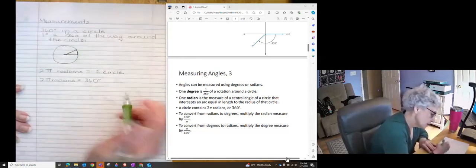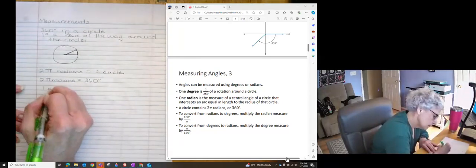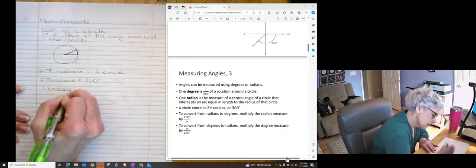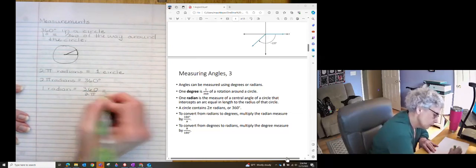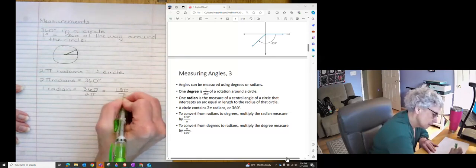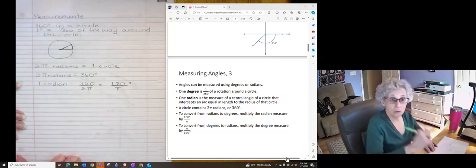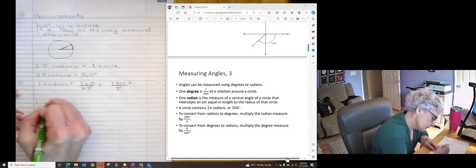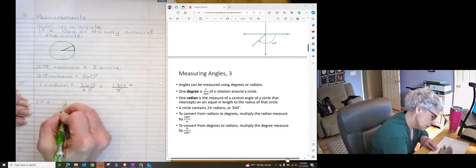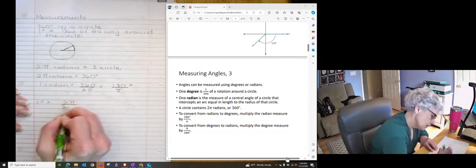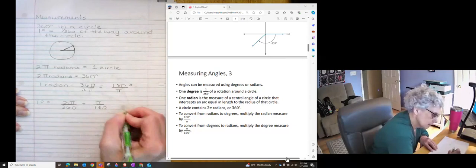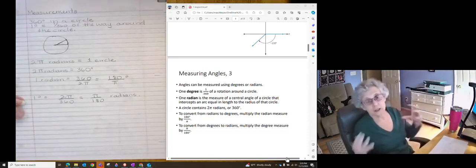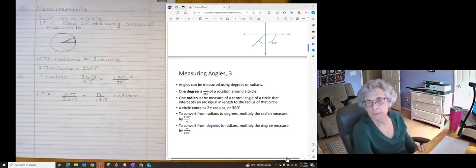So that means that 1 radian is equal to 360 over 2 pi, or 180 over pi degrees, or 1 degree is equal to 2 pi over 360, or just pi over 180 radians. So you can convert back and forth.